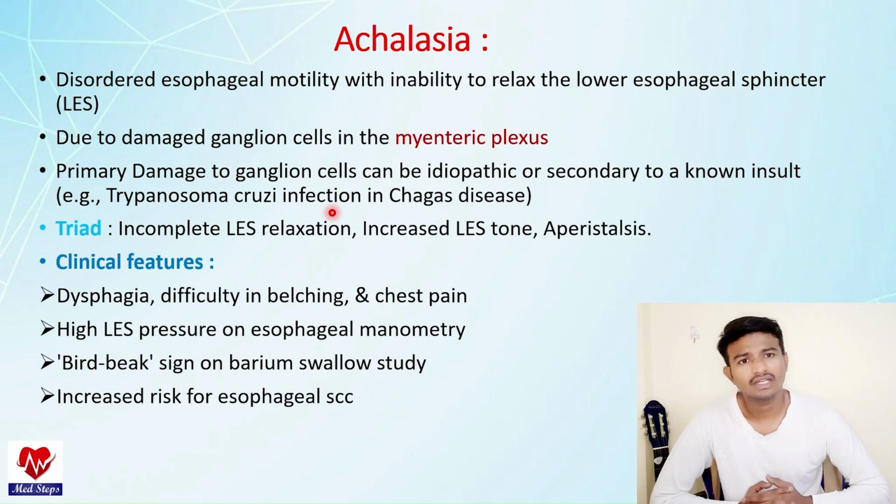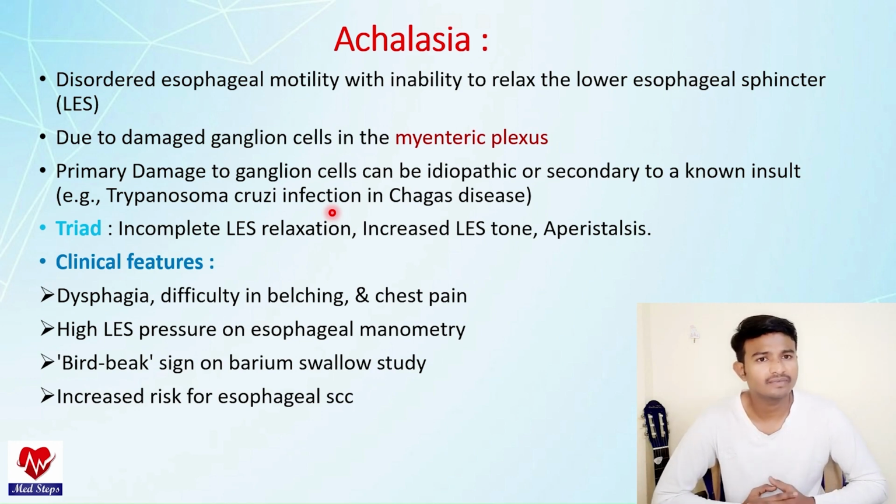Next we are going to see achalasia. This is a disordered esophageal motility with inability to relax the lower esophageal sphincter. In achalasia, what will happen? The distal esophageal sphincter constricts; it relaxes incompletely. Why does achalasia happen? There are two types of causes.